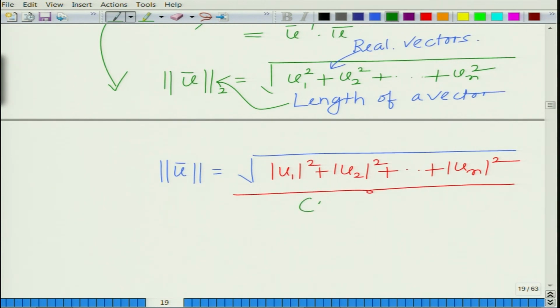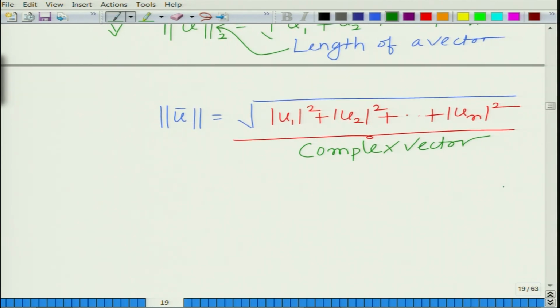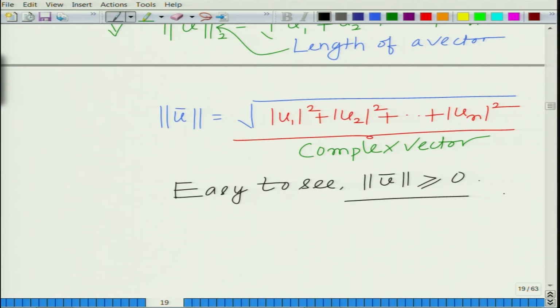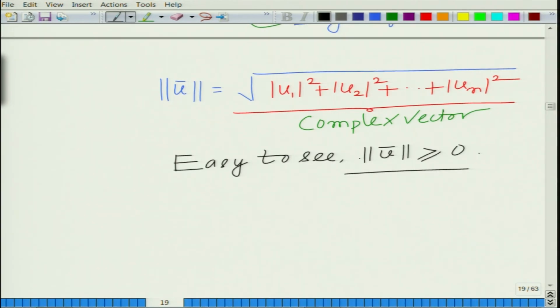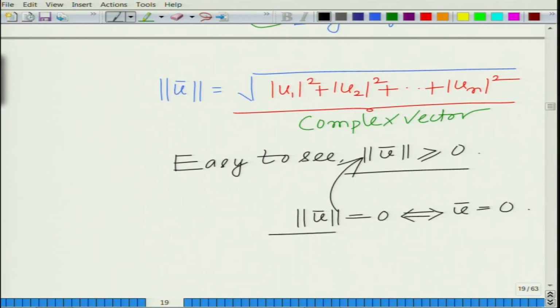This definition is for a complex vector, and it is very easy to see that norm of u bar is greater than or equal to 0, and norm of u bar equal to 0 if and only if u bar equal to 0.